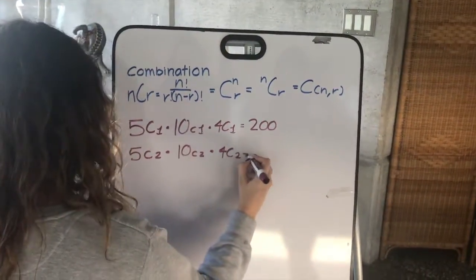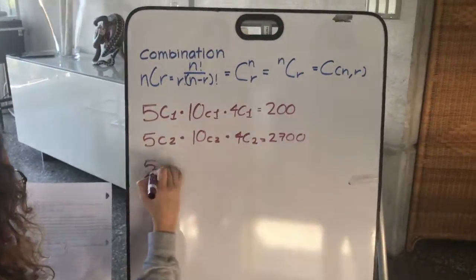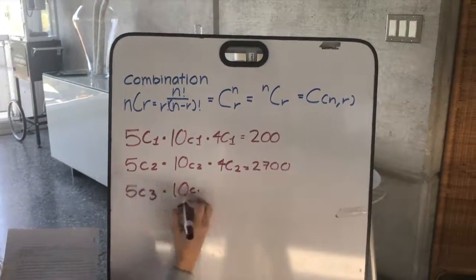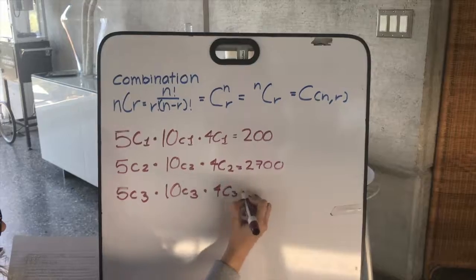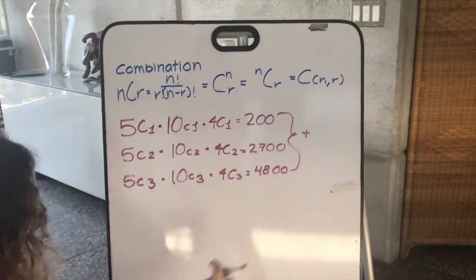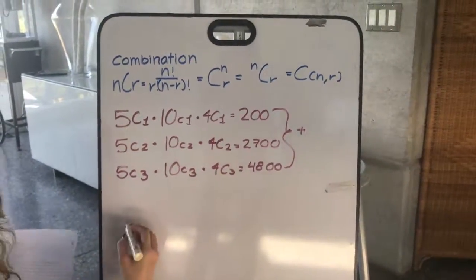In the second course, it will be 5 choose 2 times 10 choose 2 times 4 choose 2. And then the last course, the third, 5 choose 3 times 10 choose 3 times 4 choose 3.